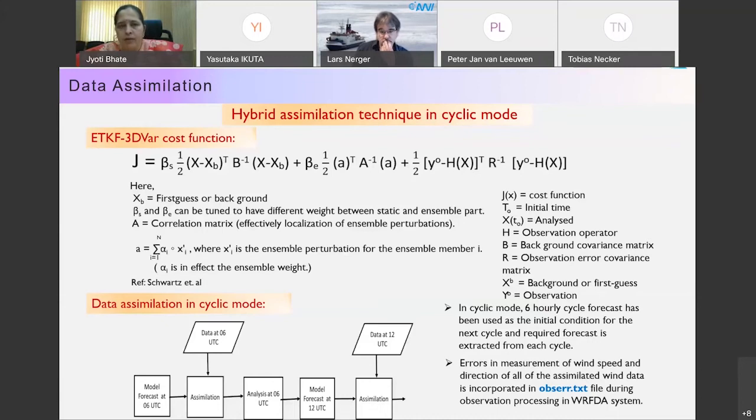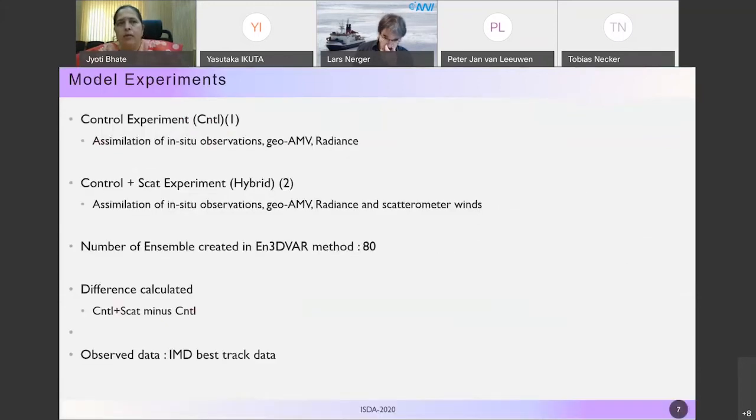We have done 2 experiments. In one experiment, we have taken in-situ observations, atmospheric motion vectors, and radiance data. And in the second experiment, we have just added the scatterometer winds to understand whether it will improve the overall dynamics or representation of dynamics in the reanalysis mode.